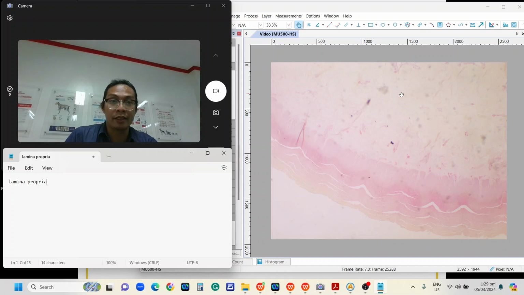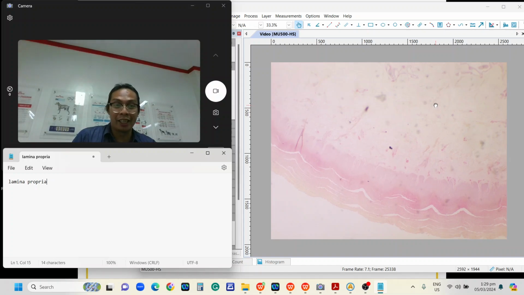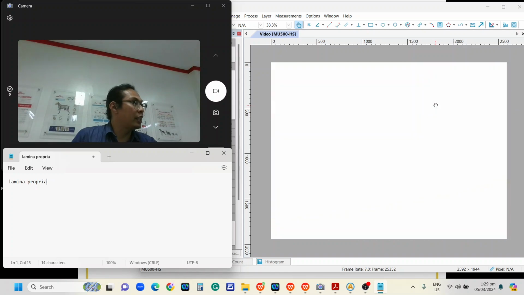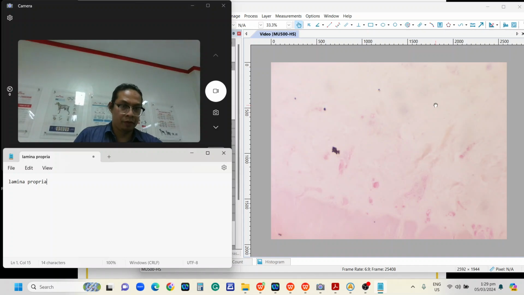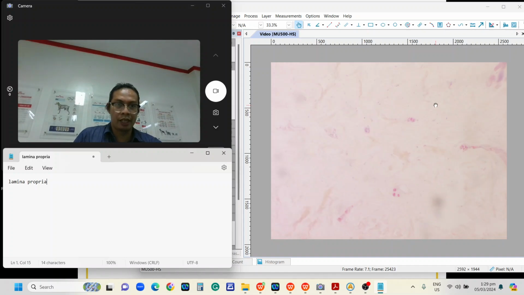Directly beneath it, this layer, that is a loose connective tissue. Okay? Yan yung mga areolar connective tissue. Tingnan natin in LPO. Itsura niya. So again, those are loose connective tissue.